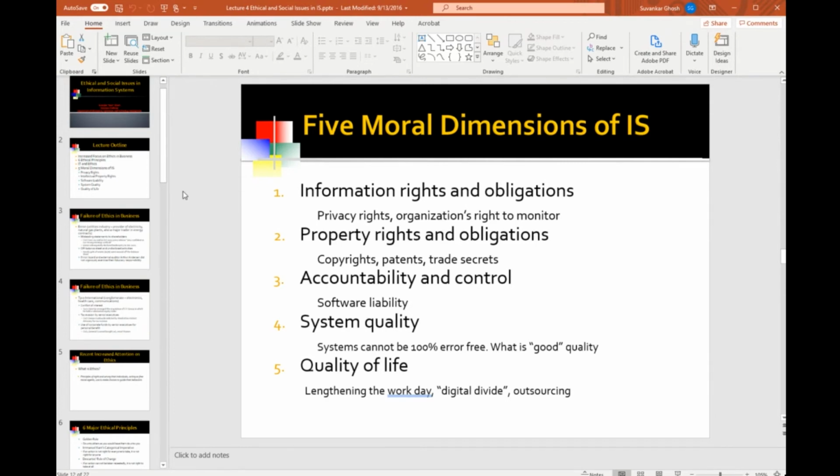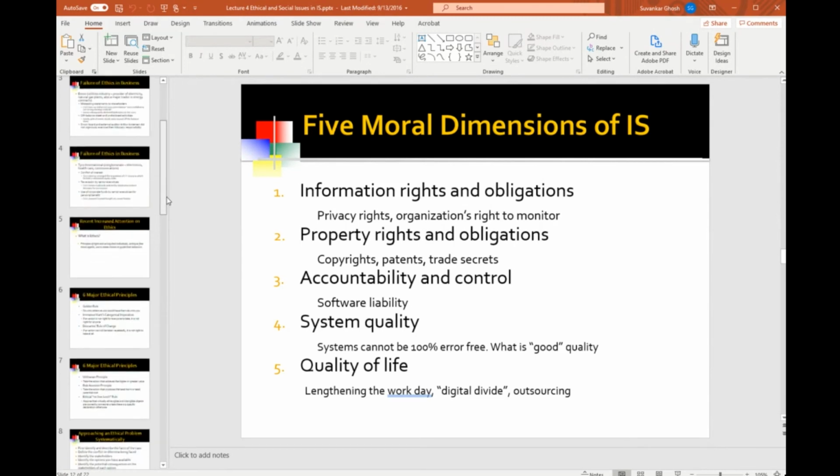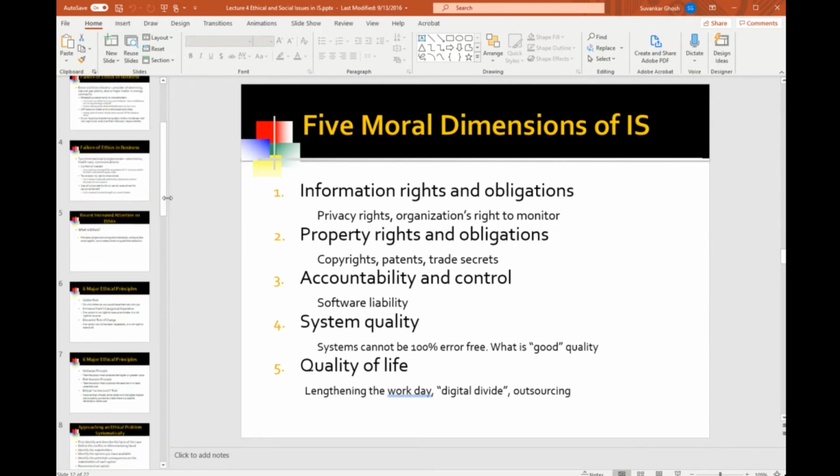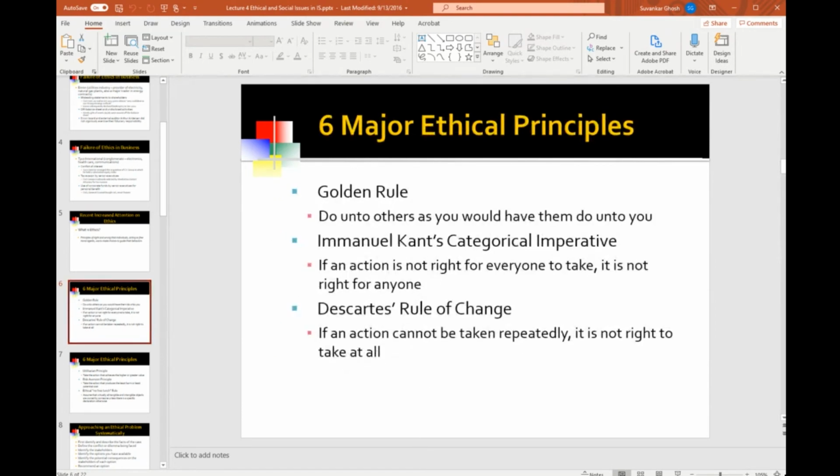The collection of personal data can also be viewed from the standpoint of the principles. So right off the bat, let's look at the golden rule. Mark Zuckerberg was once asked in an interview, and he was stumped when he was first asked this. Facebook's going out and collecting all this information on so many people.